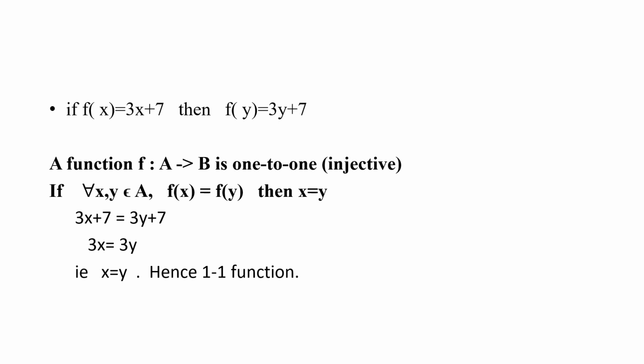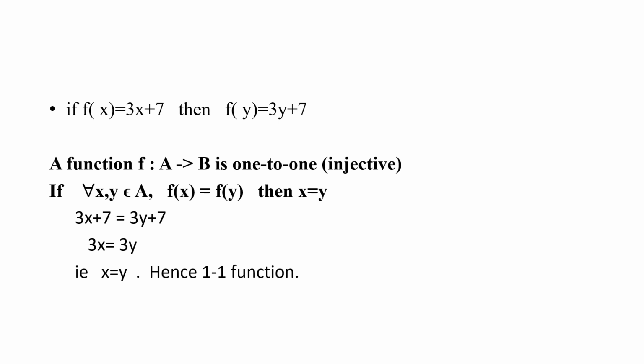From the given function, I am just equating f of x and f of y. We are taking f of x is equal to f of y. Then we have to prove that x is equal to y to prove that given function is one-to-one function. Now we can write 3x plus 7 equal to 3y plus 7.